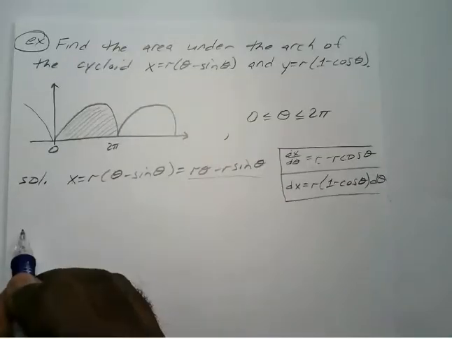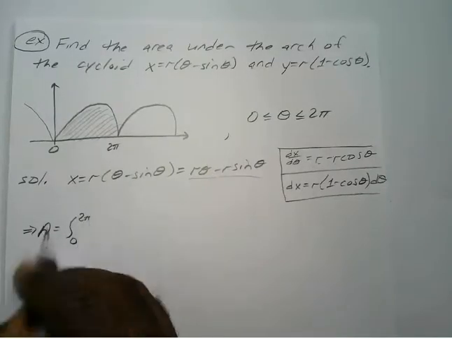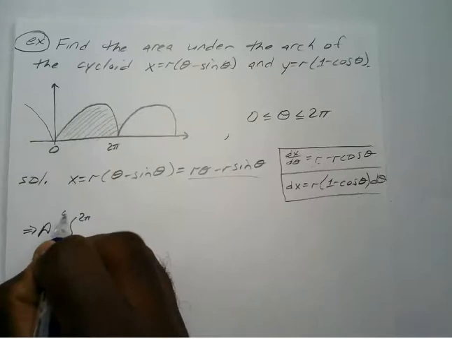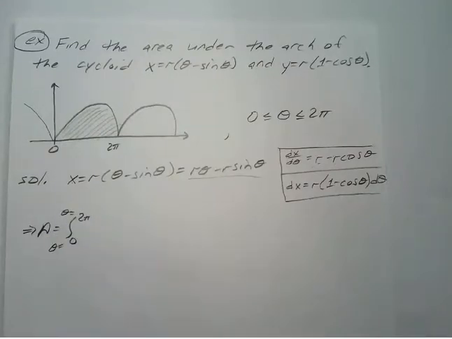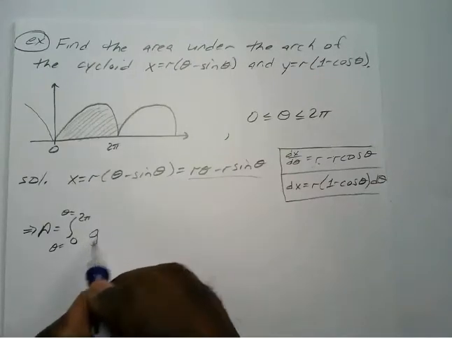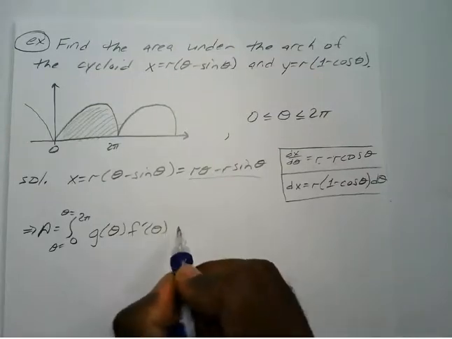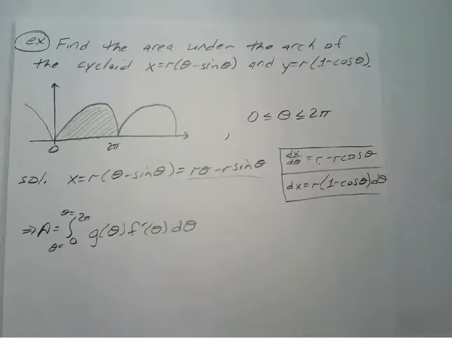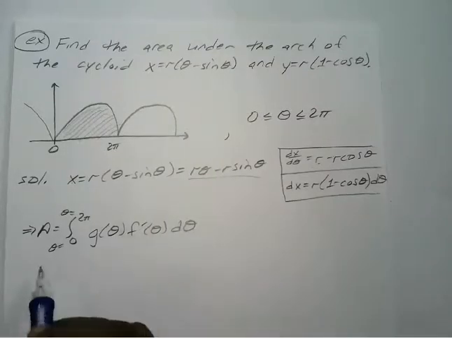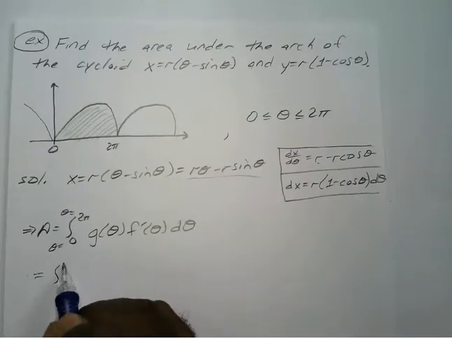Okay, so if we have our area, remember that's from 0 to 2 pi, but this time it's theta, since that's our parameter. The area is the integral of g of theta times f prime of theta with respect to theta. We know it's positive, so we can skip the absolute value symbol. That's the integral from 0 to 2 pi.